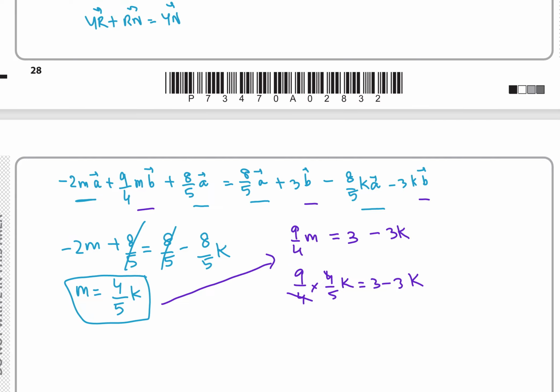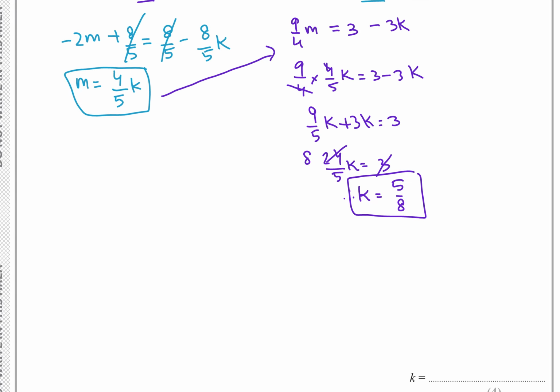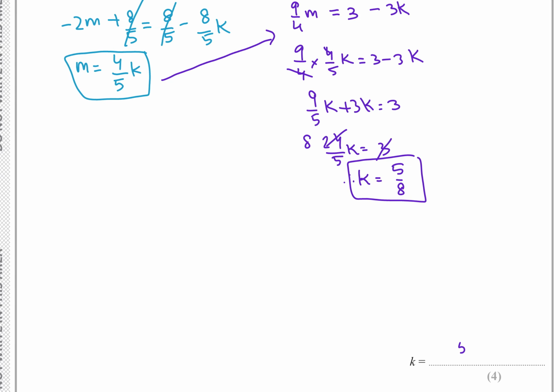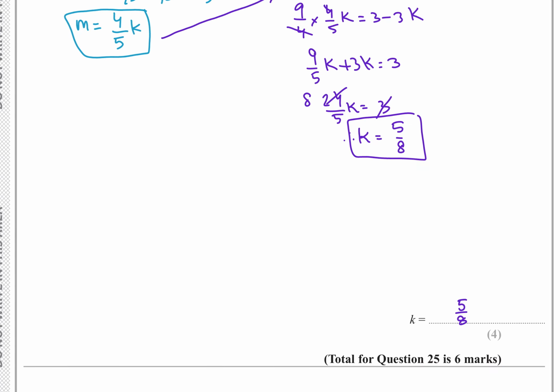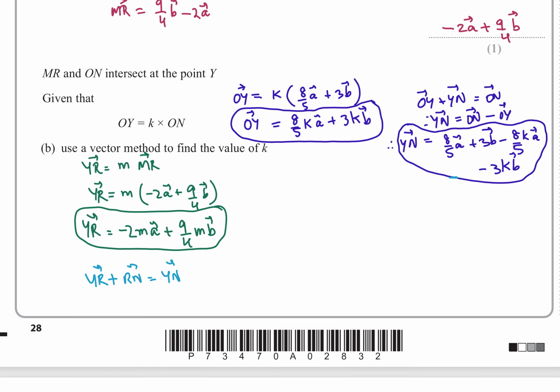So I will get 9 over 5k plus 3k is equal to 3. So 9 plus 15 is 24 over 5k is 3 times 8, therefore k is equal to 5 over 8. So that's our answer. So we write k is 5 over 8. That's 4 parts done.